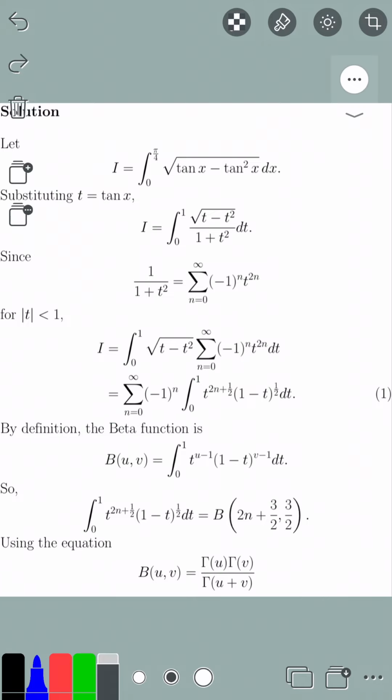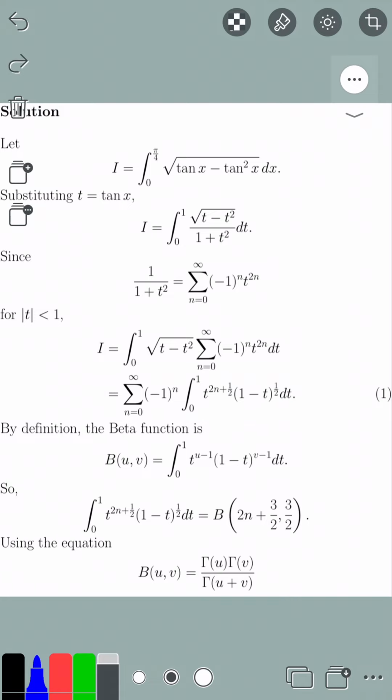This is because t minus t squared is t times 1 minus t, and the square root of t is t to the power of 1 half, times t to the power of 2n, so it's t to the power of 2n plus 1 half. The square root of 1 minus t is simply 1 minus t to the power of 1 half. And that's how we get the integral here.